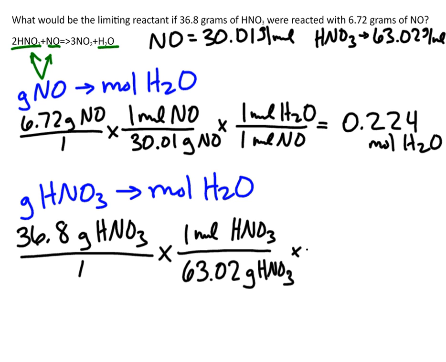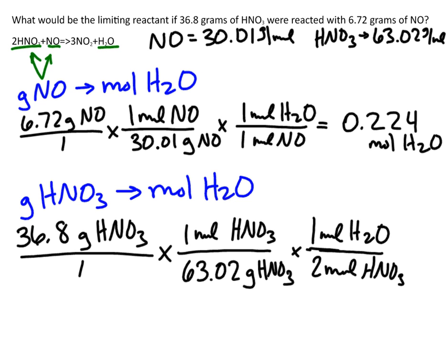Use molar ratio. In this case, the molar ratio would be 2 moles of nitric acid for every 1 mole of water. So when I do my math, I end up with 0.292 moles of water, as I need 3 sig figs.